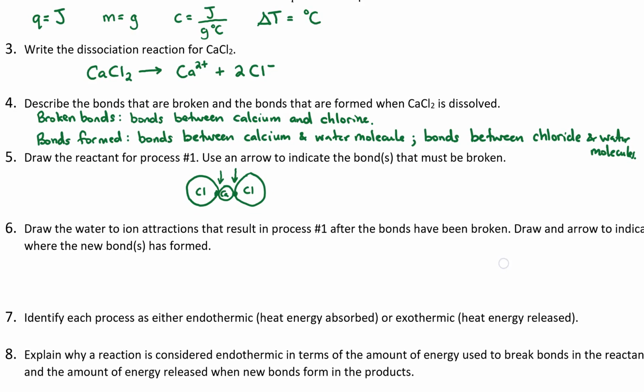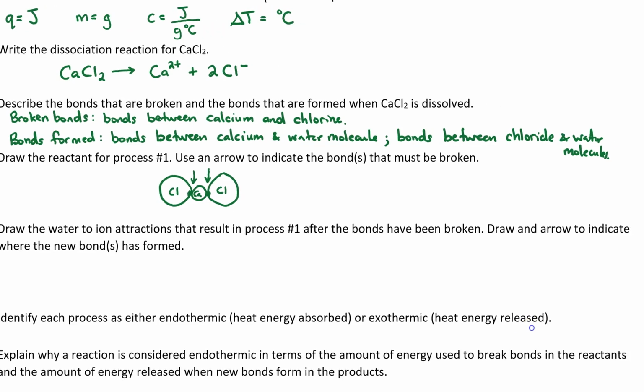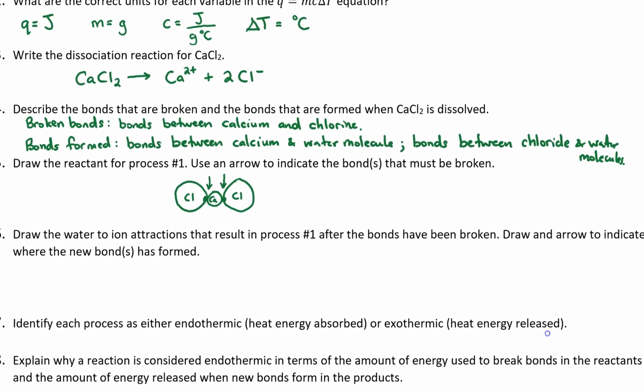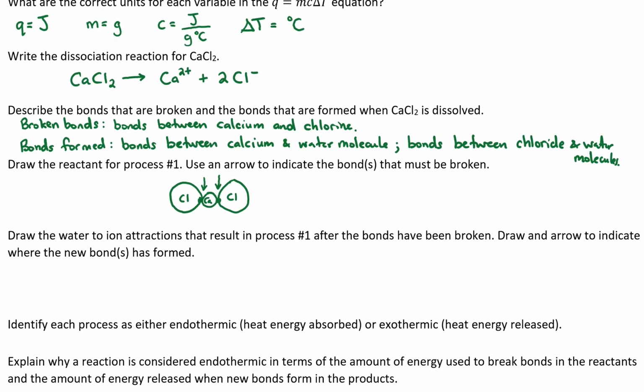Number 6. It says, draw the water to ion attractions that result in process number 1 after the bonds have been broken. Draw an arrow to indicate where the new bonds have formed. So here, the product, calcium ion, chloride ion.